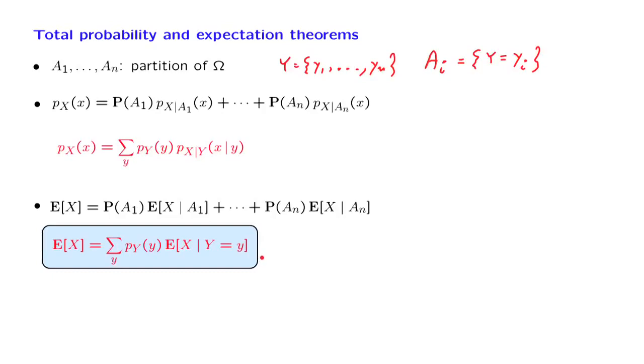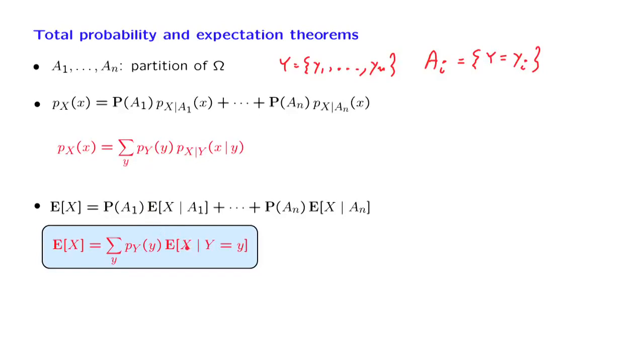At this point, I have to add a comment of a more mathematical flavor. We have been talking about the partition of the sample space into finitely many scenarios. But if y takes on values in a discrete but infinite set, for example, if y can take on any integer value, the argument that we have given is not quite complete.